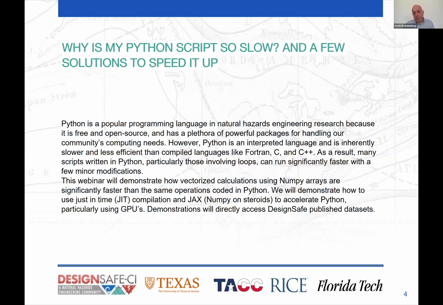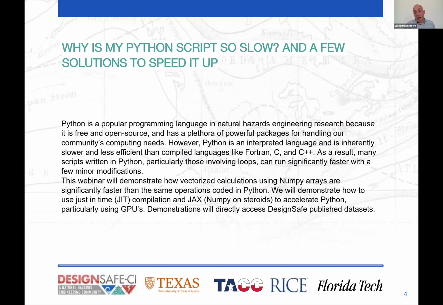We'll also show a little bit of code that could be used on some of our more high-performance computing resources. We do have now HPC Jupyter instances for both CPU and GPU nodes that run on our Frontera machine at TACC. And then I'll do a demonstration at the end that shows you directly how to access DesignSafe published data.